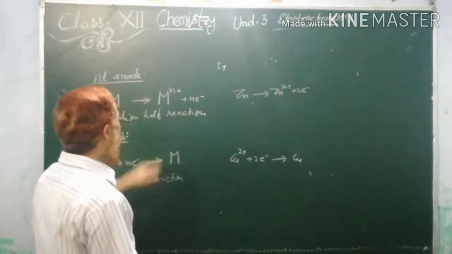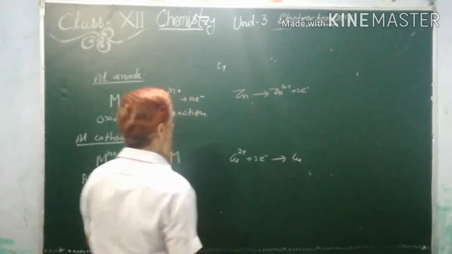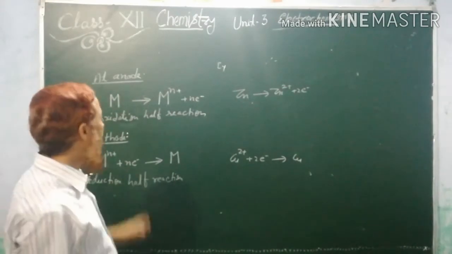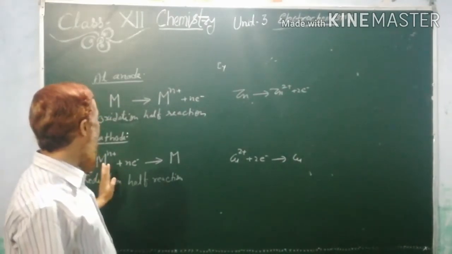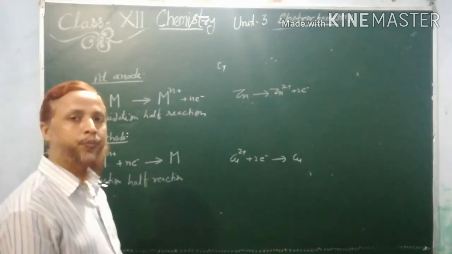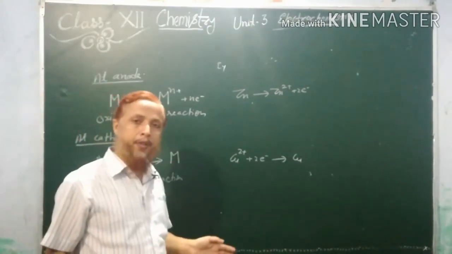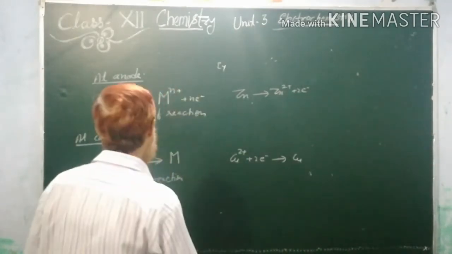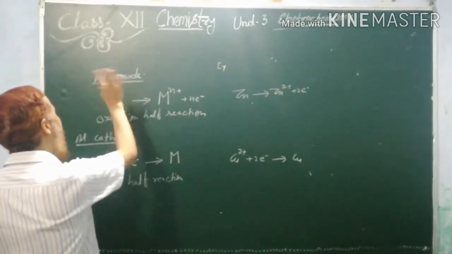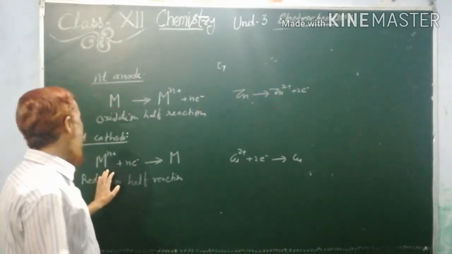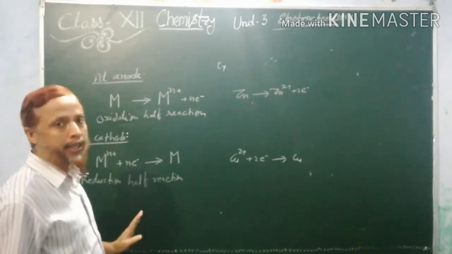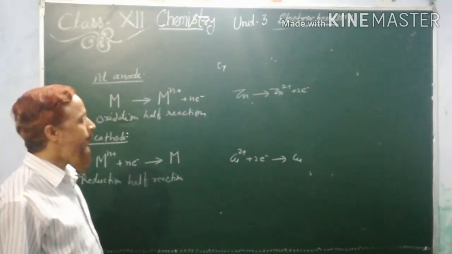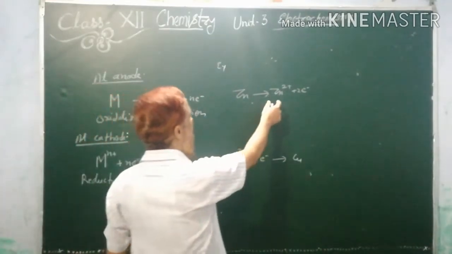So you can see here that Mn+ here is zinc ion, while Mn+ here is cupric ion. So remember, at the cathode and at the anode, ions will be different because these are two different types of electrodes used in their different salt solutions. So this represents the half reaction at the anode, and this is the representation of the half reaction at the cathode, the oxidation half reaction and the reduction half reaction.